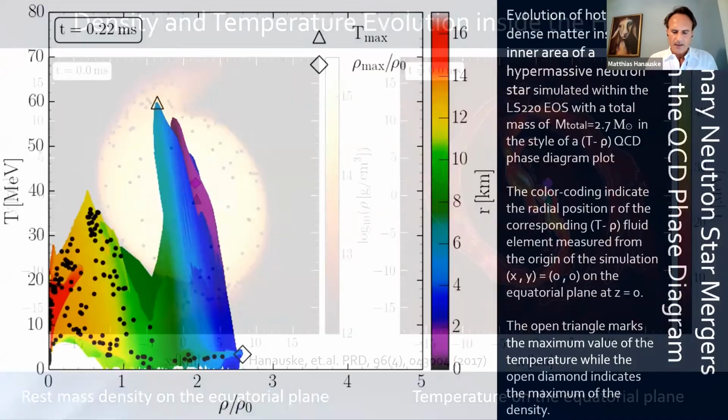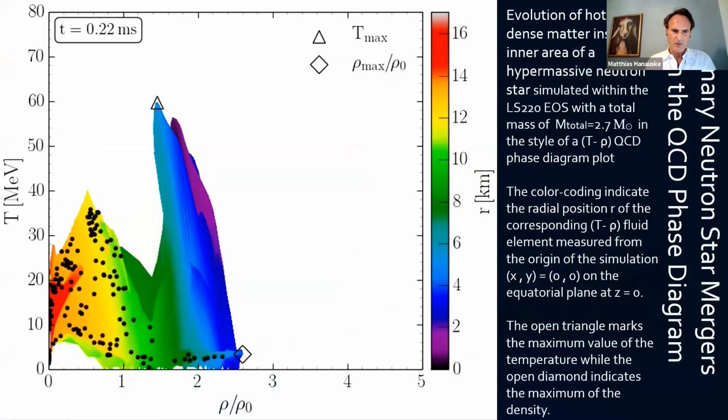But before we do that, we look at the same simulation, the same tracers and so on, in the QCD phase diagram. This is a purely hadronic model, the LS220 equation of state, which you saw. Here you have the temperature of the material, here the density, at a point a little bit after merger.